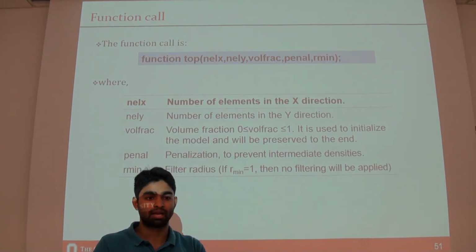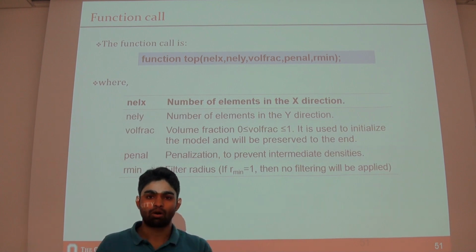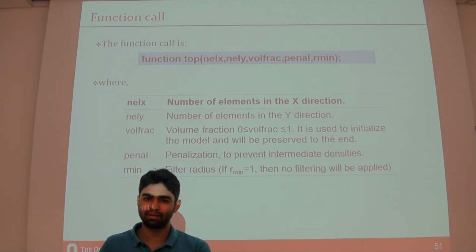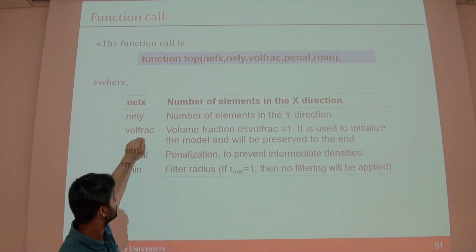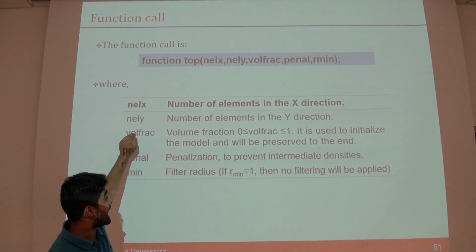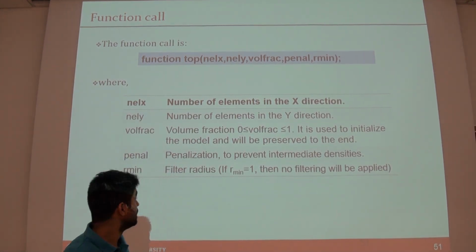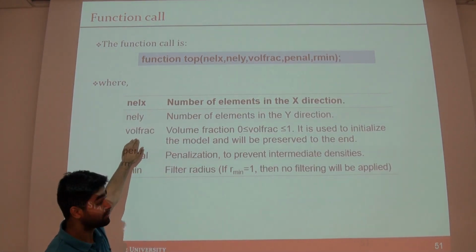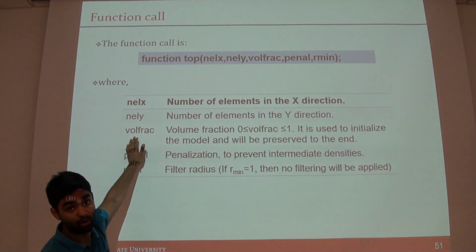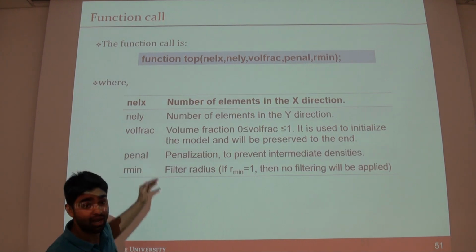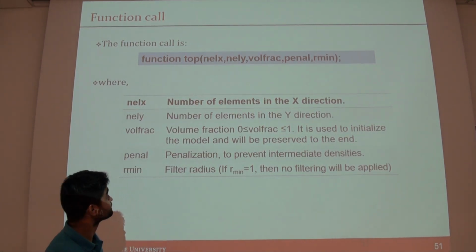So if you assume that of all the design domain, 50% of my domain should have material, then we would take this value to be 0.5, and even after the end of the optimization iteration, we would end up having the volume fraction as 0.5. So in optimization terms, this is nothing but an equality constraint.